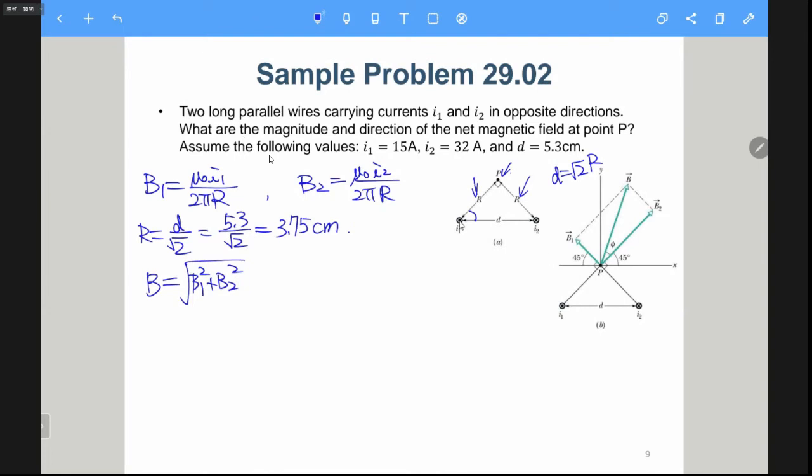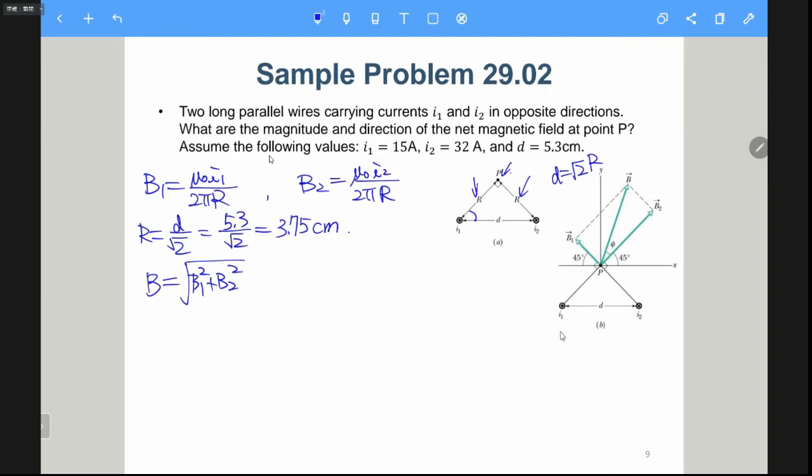Because we can see here for B1, and actually you can see I1 is here for figure B. The I1 is pointing out of the page, and then you can use the right-hand rule to determine that B1 is pointing to the top left with a 45 degree to the negative x-axis.